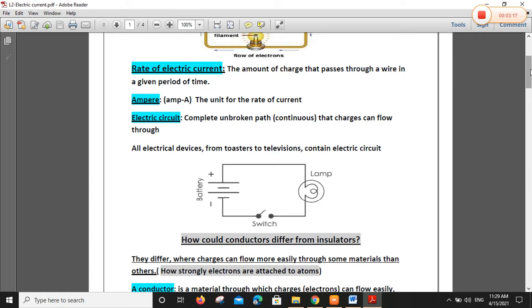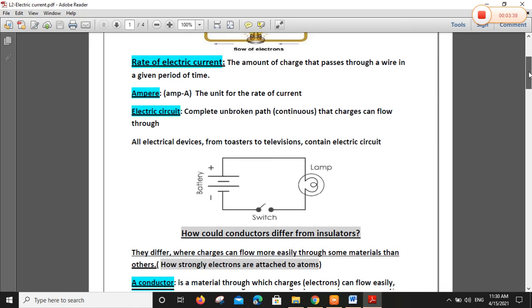This is the simple diagram for an electric circuit: battery, positive and negative poles, and a switch to control the flow of electric current. I can switch on or switch off, and the lamp indicates the current flow only.